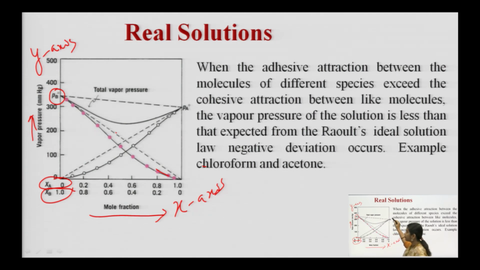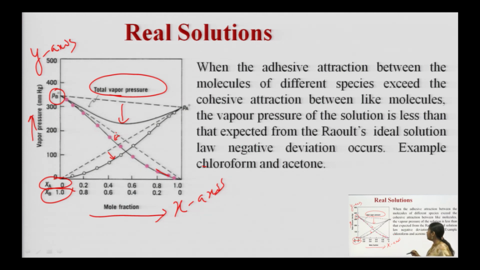Similarly, this is your PA, and there is also a lowering of vapor pressure along this solid line. As the vapor pressure has decreased for both, obviously the total vapor pressure, which is the summation of the partial pressures of A and B, has also decreased.